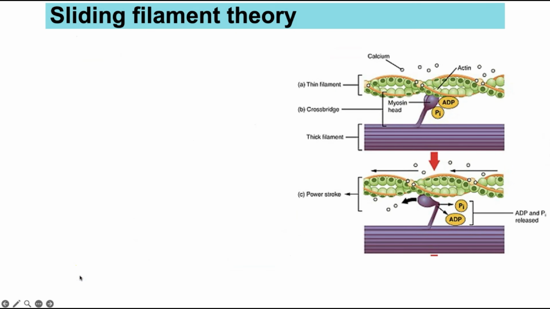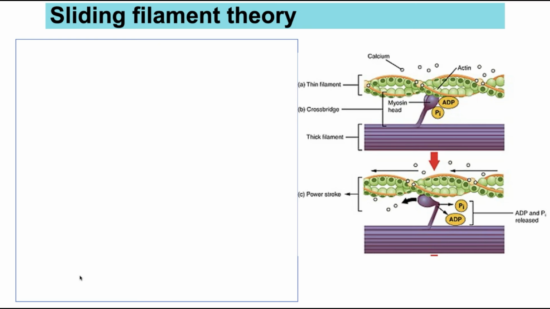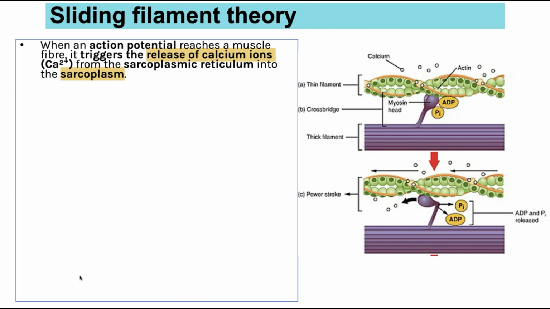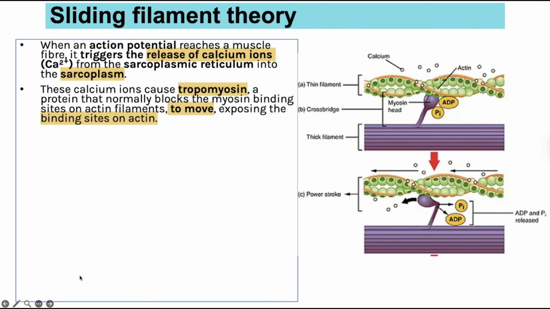The sliding filament theory explains why you have the actin sliding over the myosin. So when that action potential reaches a muscle fibre, like we saw in the neuromuscular junction, it triggers the release of calcium ions from the sarcoplasmic reticulum into the sarcoplasm.